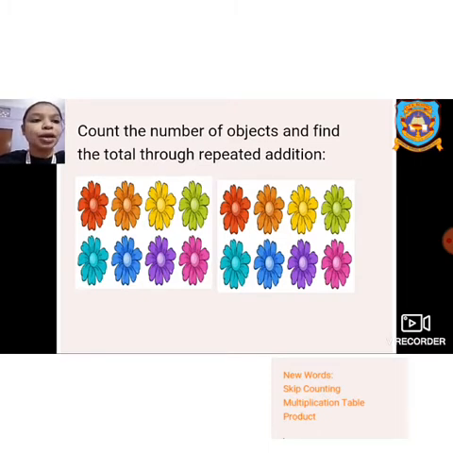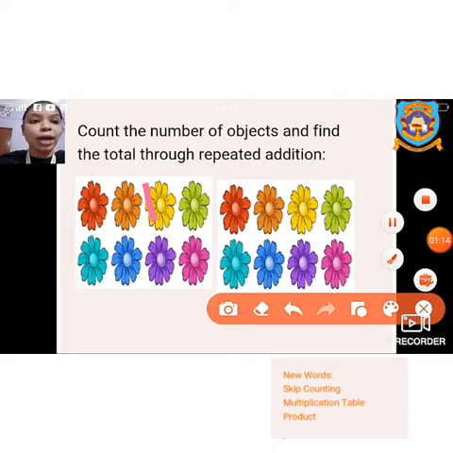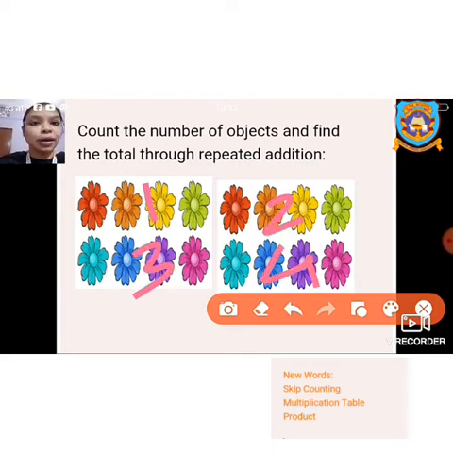Now here you can see flowers. Let me read out the question: count the number of objects and find the total through repeated addition. Flowers are given here. You can see how many groups there are. There are 4 groups: 1, 2, 3 and 4. In each group there is an equal number of flowers.